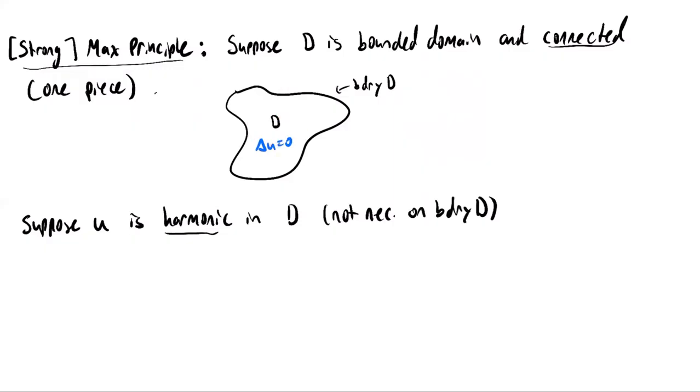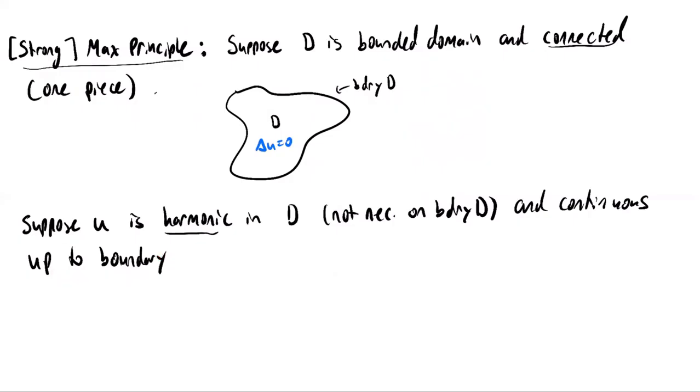However, in order for this theorem to work, we do need a technical assumption about the behavior on the boundary as well. And it's enough to assume that the function u is continuous up to the boundary. So suppose u is harmonic in the domain D and continuous up to the boundary. What do I mean by continuous up to the boundary?